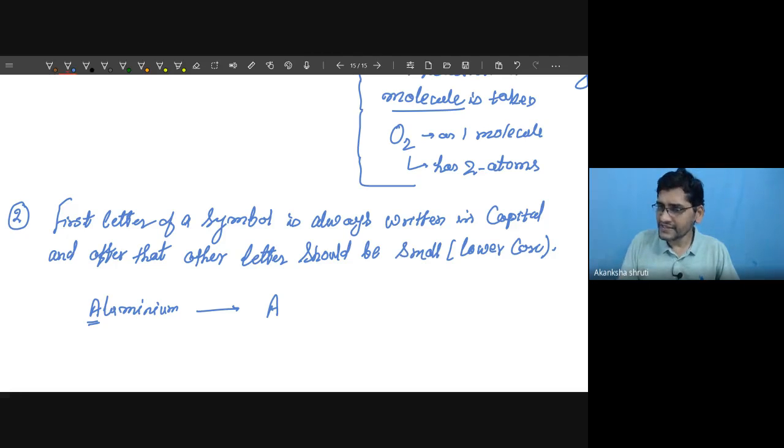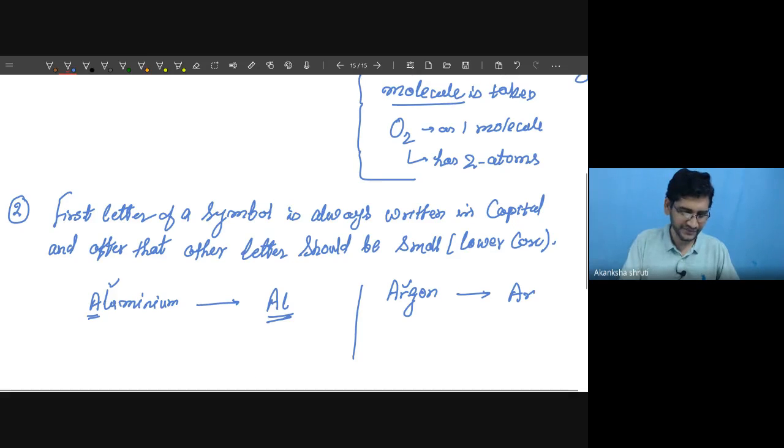So to differentiate it from the other, one more letter is taken. So L is taken, and this L should be small. Why? Because from A there could be argon, which also starts with A. Then how to differentiate it from aluminium? Another small r is taken. It is like this.